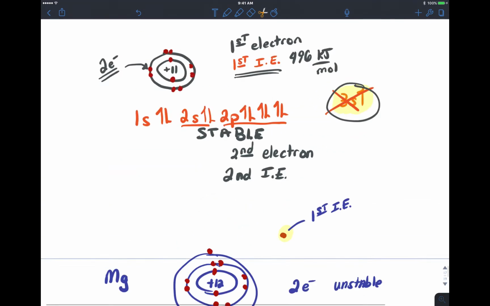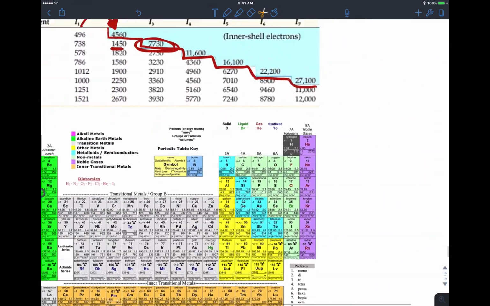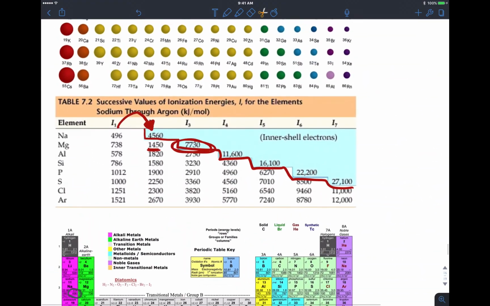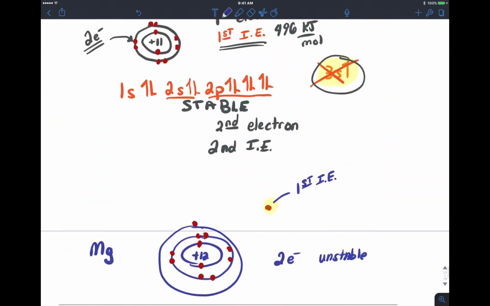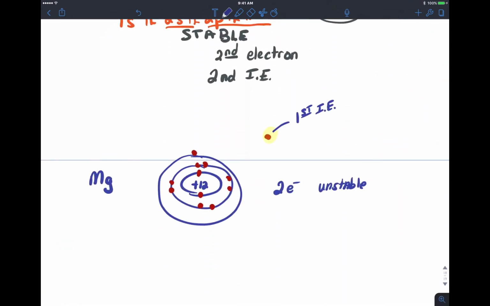Well, we go to our periodic table, or I'm going to cheat just a little bit. I'm going to look at this. We have 738 kilojoules. So we'll write that down. The first ionization energy, 738 kilojoules per mole, is going to be needed to remove that first electron from the magnesium atom.